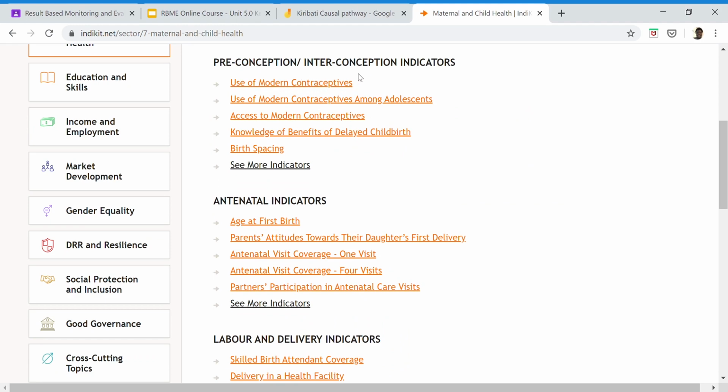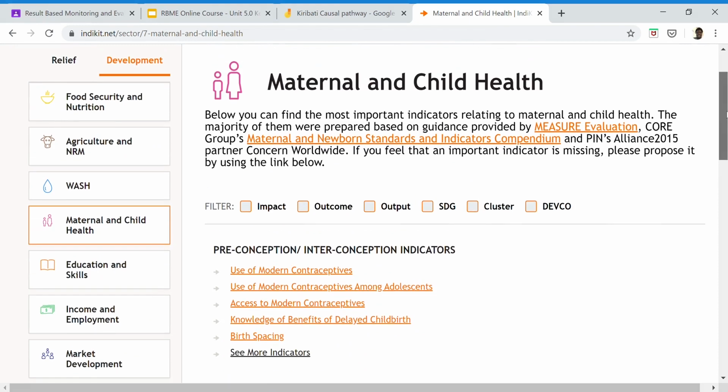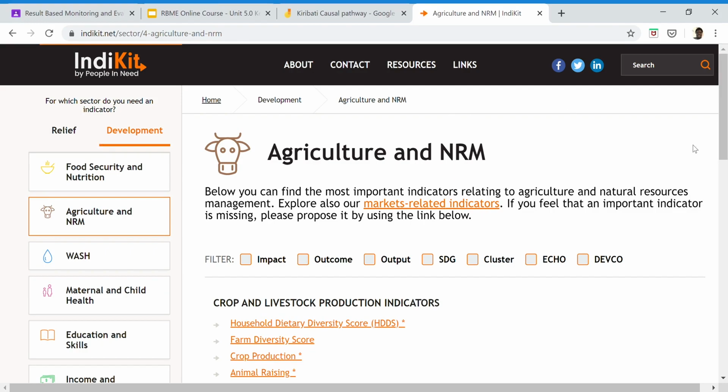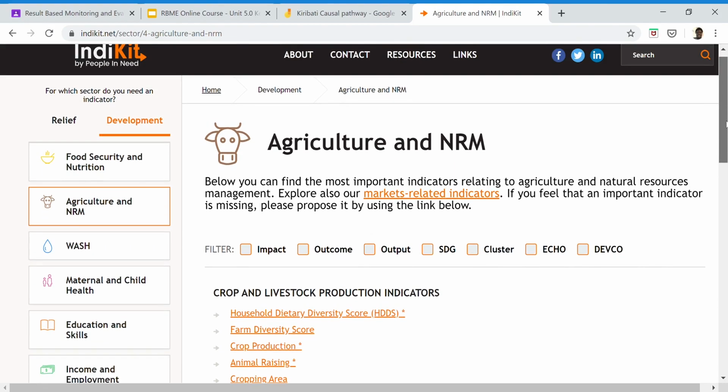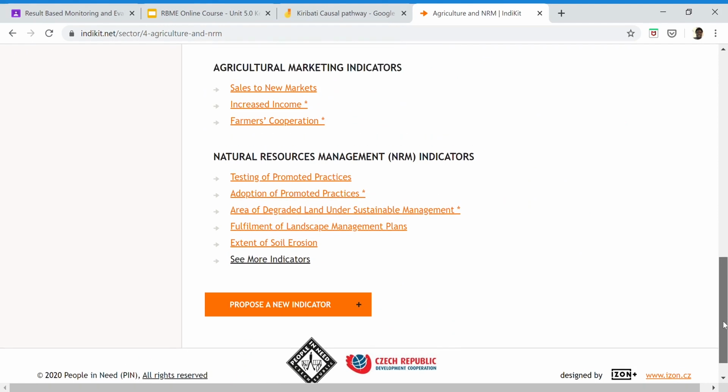So preconception, before birth: use of modern contraceptives, knowledge of benefits of delayed childbirth, skilled birth attendants. These are maternal mortality related indicators. These are predetermined indicators which have been developed and collated by the people at Indicate. So you might want to check it out.